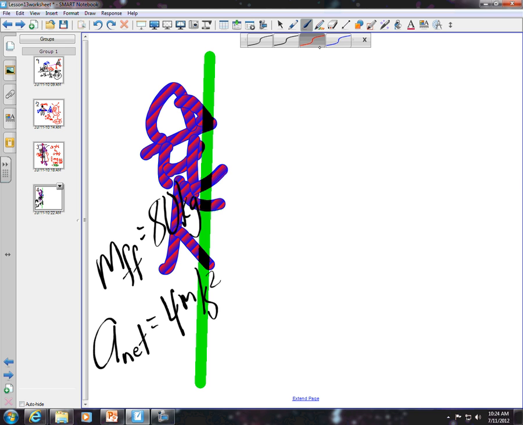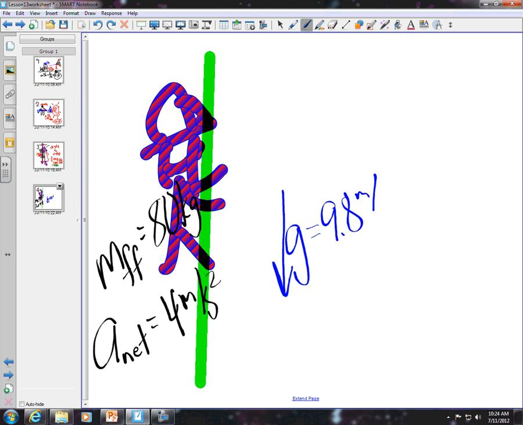This brings it a little bit to another level. Here's the idea. The net acceleration is an acceleration vector. Gravity is 9.8 down, and the overall acceleration is just 4.